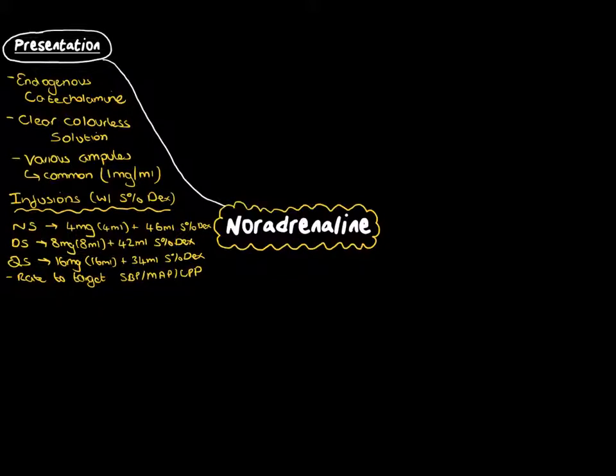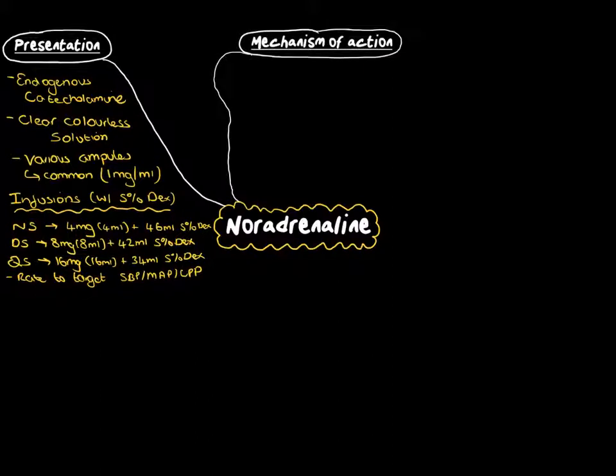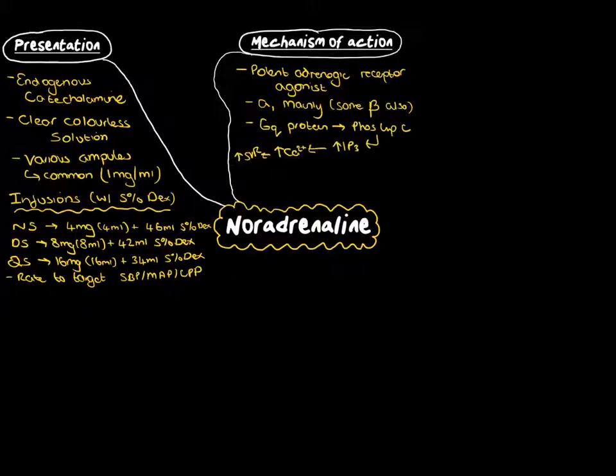So moving on, if we have a think about the mechanisms of action of noradrenaline, noradrenaline itself is a potent adrenergic receptor agonist, and its predominant action is on the alpha-1 receptor, but there is a limited bit of beta adrenoreceptor action as well. Alpha-1, as we've said previously, is a Gq protein related property.